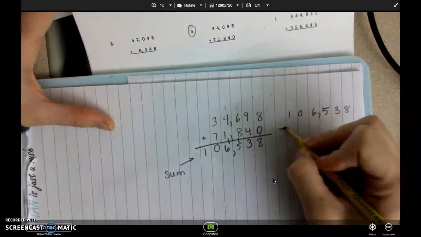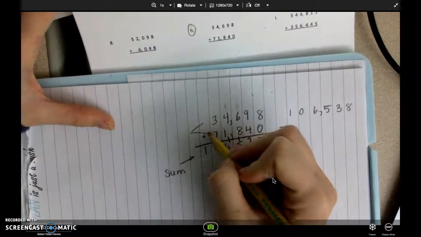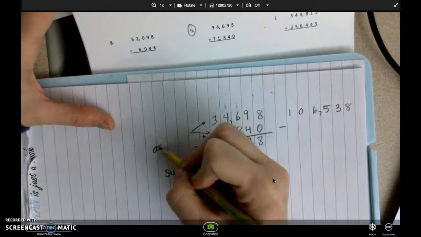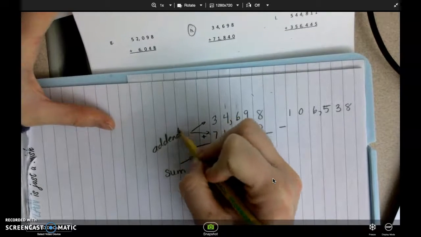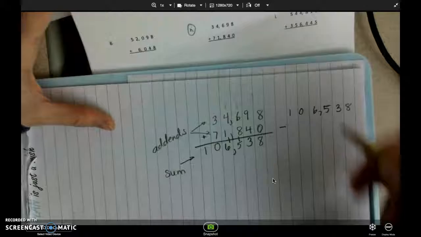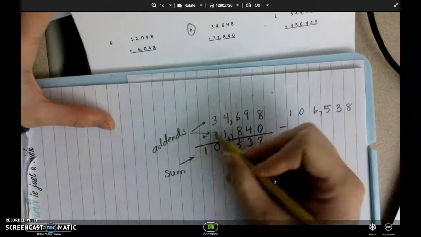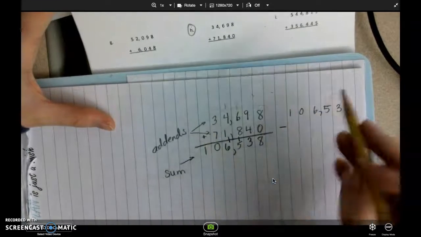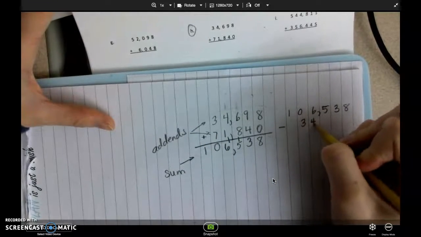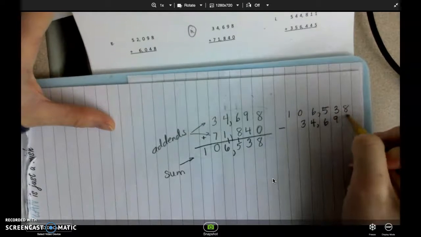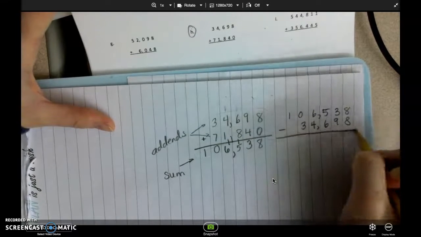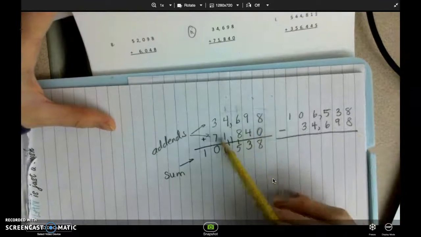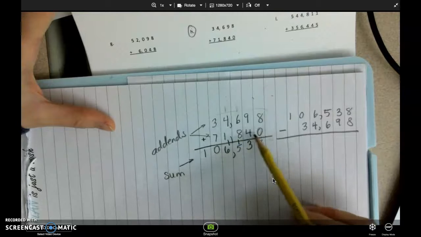And you subtract one of your addends. These are both addends. They're numbers that are added together. So I'm going to subtract 34,698. And if my answer is correct, then I should get the other addend.